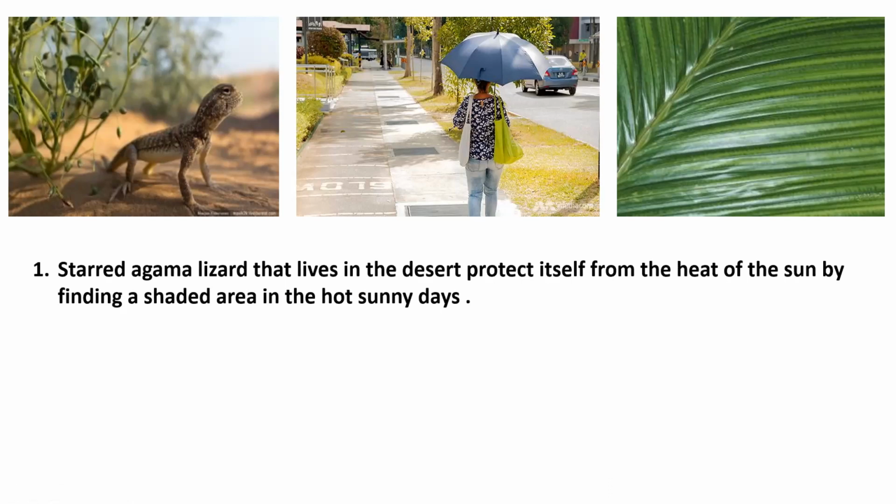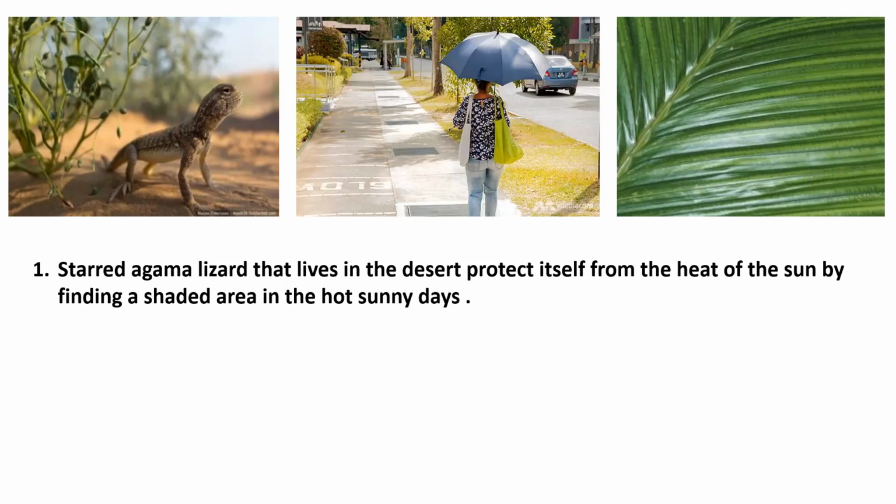It protects itself from the heat of the sun by finding a shaded area on a hot sunny day. A shaded area means an area that has no sun. If you look at the picture, you will understand. So a gamma lizard protects itself from the heat of the sun by finding a shaded area, an area without any sun, on a hot sunny day.